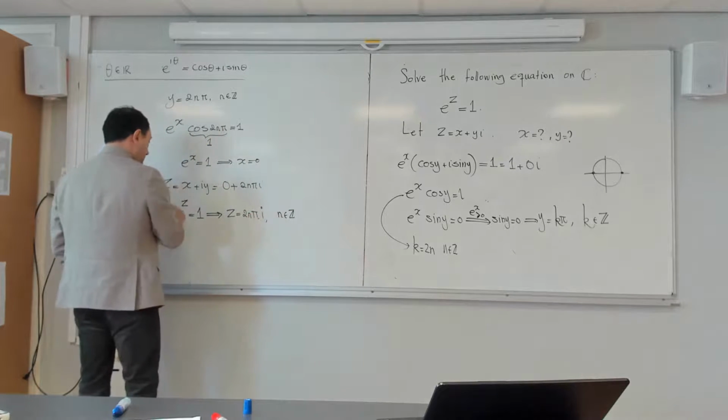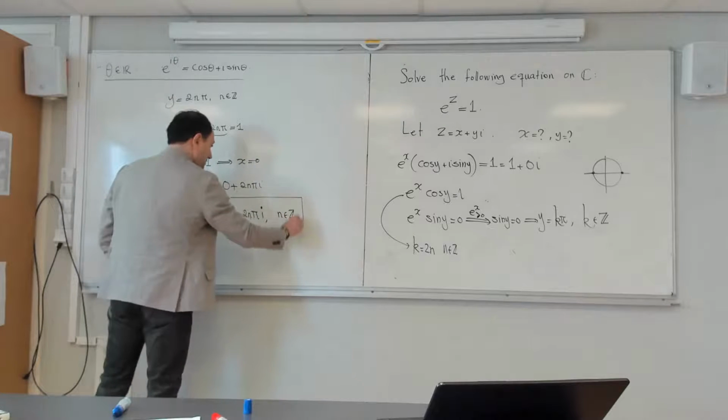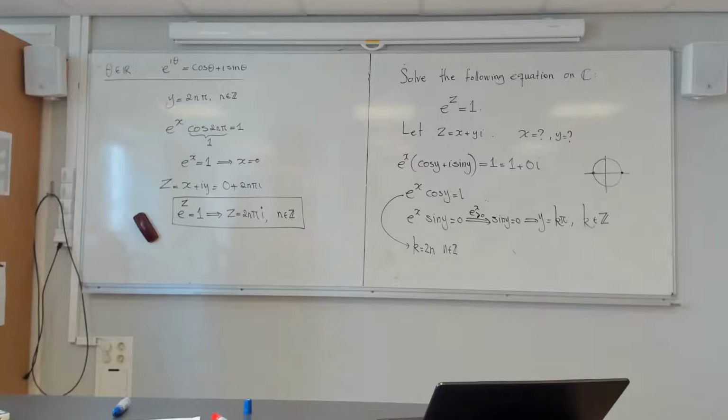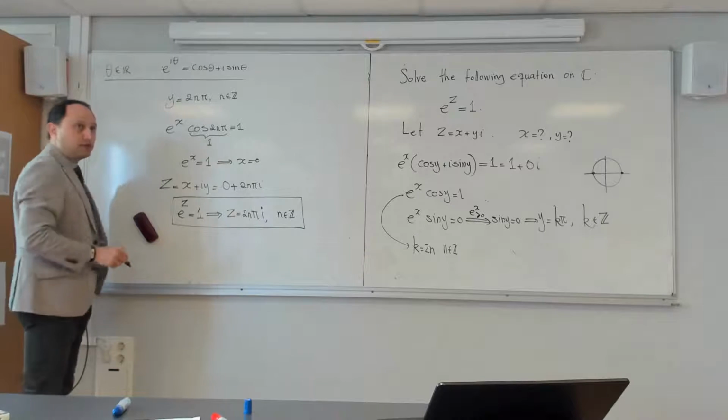Even negative integers are acceptable. So this is your solution. There are infinitely many solutions for this very simple equation. So this is a very big difference between the complex exponential function and the real exponential function.